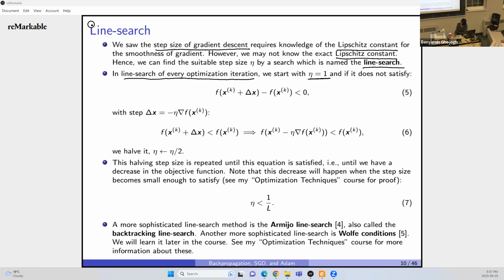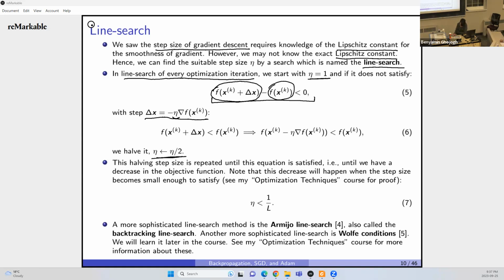Then we check whether this is satisfied or not. What is this? The cost at the next update with this eta. Does it decrease? Is it less than the previous cost? If yes, accept that eta and accept this delta x with that eta. Otherwise, halve eta, decrease it.